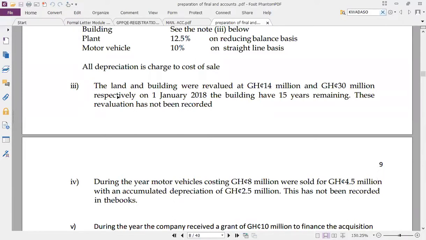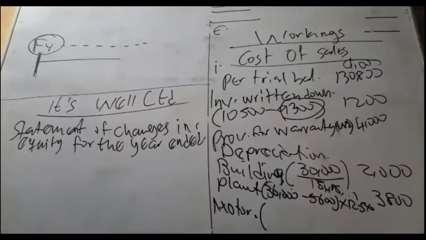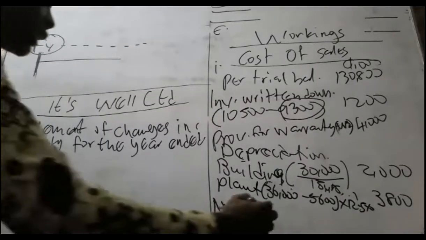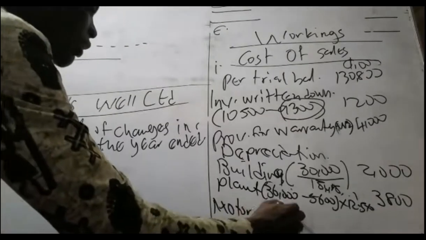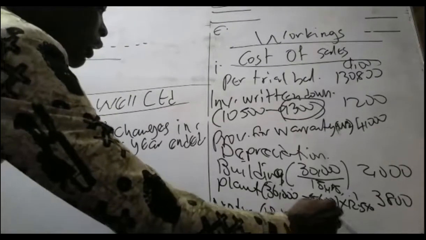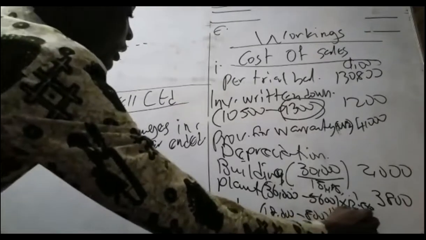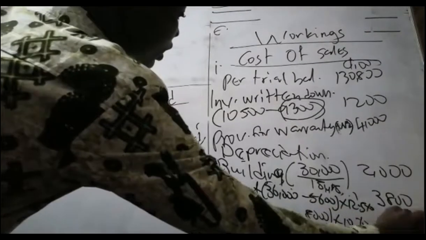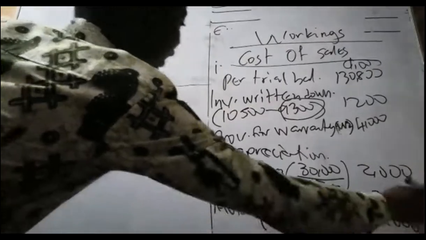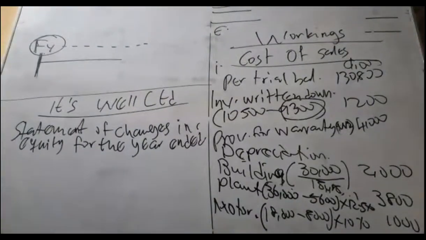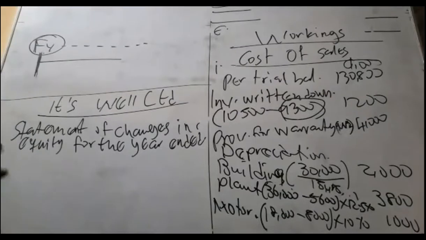So the cost of the remaining is 10 million. The depreciation must be based on the remaining 10 million, not the entire 18 million. So 18,000 less 8,000, all times 10%, gives us 1,000. We are done with the cost of sales calculation.